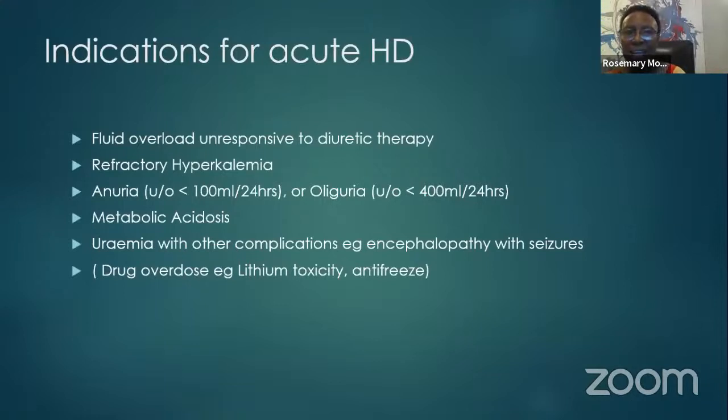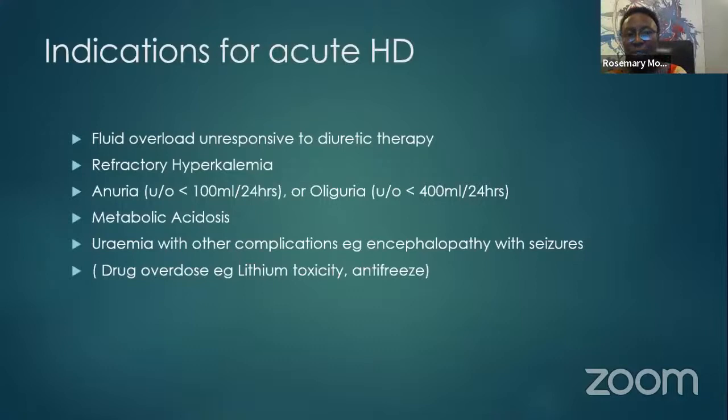If the patient is anuric, and the definition of anuria is urine output of less than 100 mL per 24 hours, or if the patient is oliguric, that is urine output of less than 400 mL per 24 hours. If the patient has got severe metabolic acidosis as well, unresponsive to sodium bicarbonate treatment, that would be another indication.